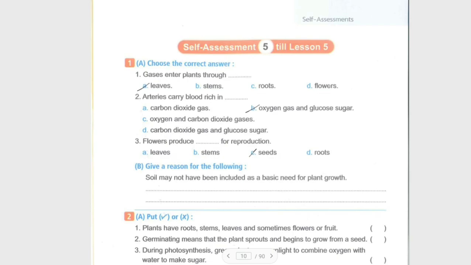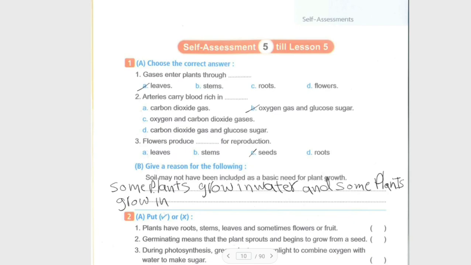Why is soil not included as a basic need? We say some plants grow in water, like water lily, and some plants grow on other plants instead of having roots. So some plants grow in water, like the water lily, and some grow on other plants instead of having roots. Okay, let's move to question number 2.